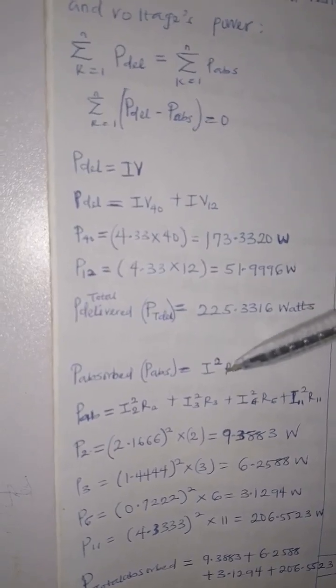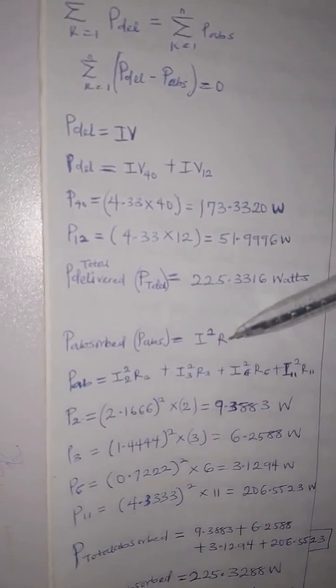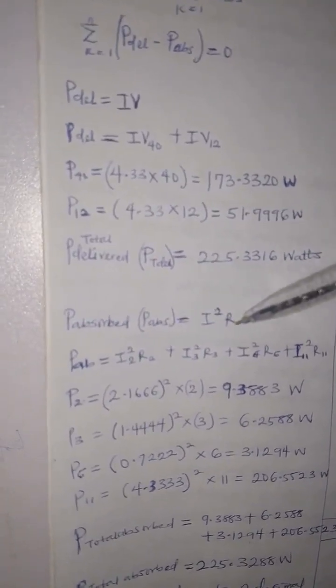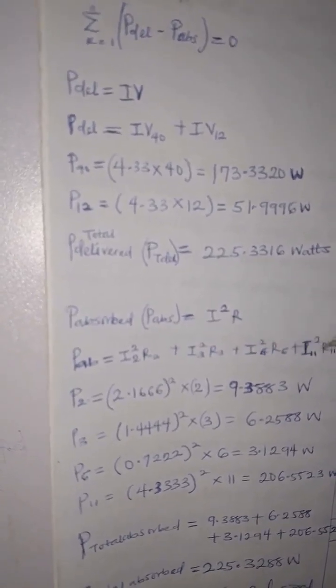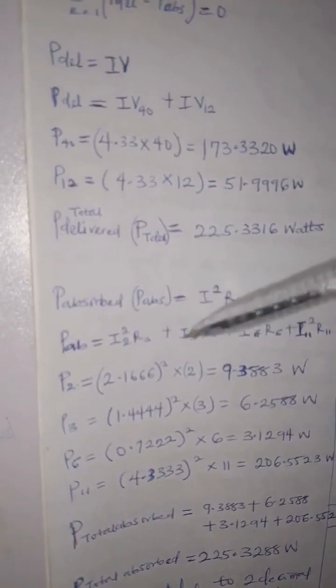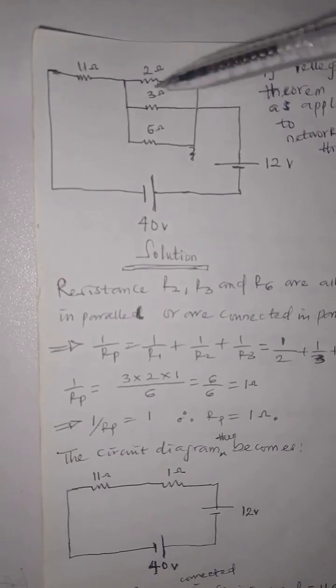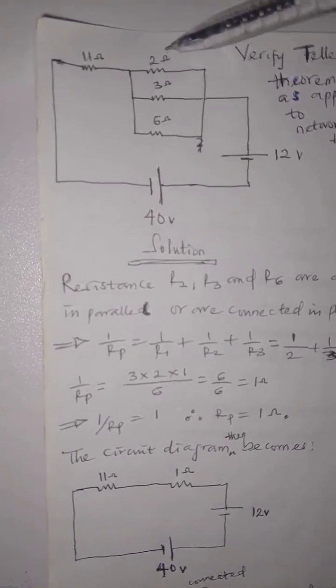So we're going to calculate each individual current flowing through the resistances. The currents flowing through the resistances R2, R3, R6 and R11 are individually different. Let me quickly show you. Here we can see that the current flows like this, starting from here because this has lesser resistance.